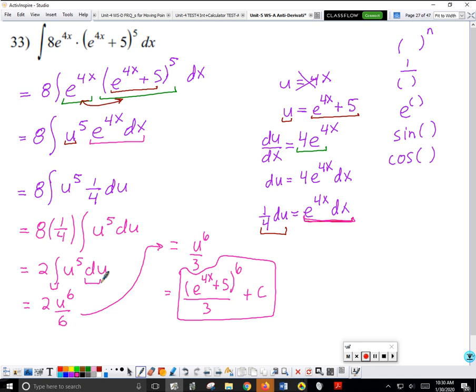For example, if you're reading down the page, 12, 13, 14, 18, 19, 21, 24, 27, 33, 34, 35, 36, 37, 38. Is this all of them? Yeah, this is the whole thing.